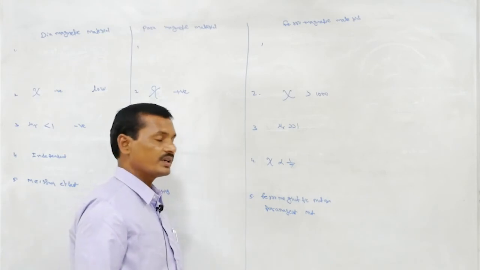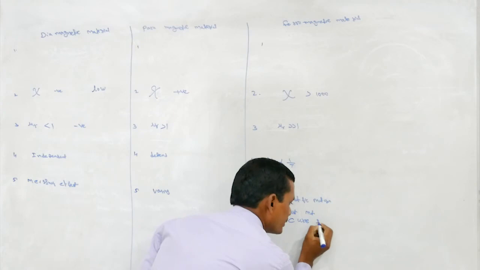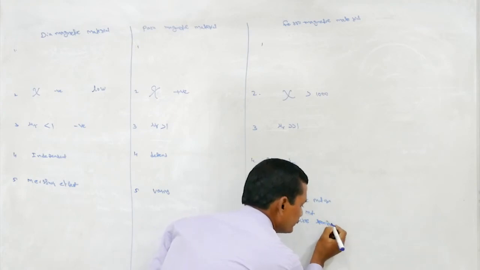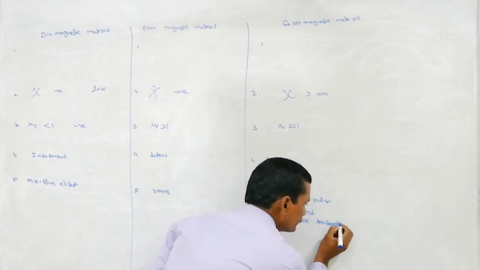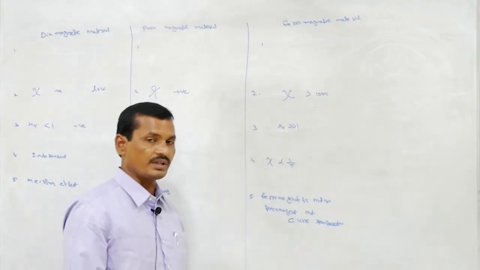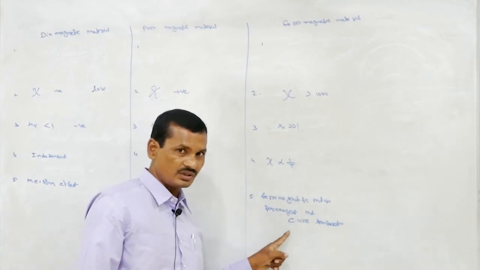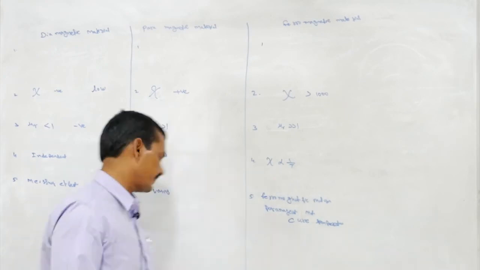That particular temperature is called the Curie temperature. What is Curie temperature? At a particular temperature, the ferromagnetic material will convert into paramagnetic material.